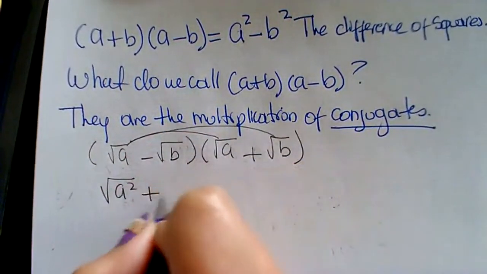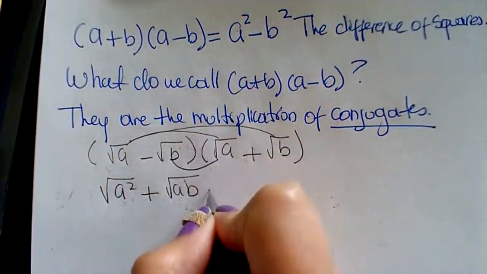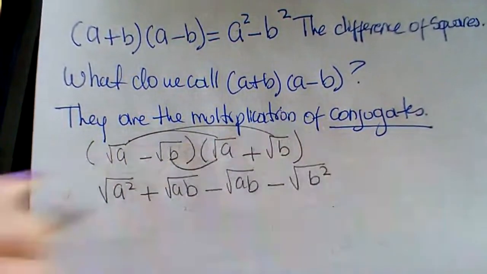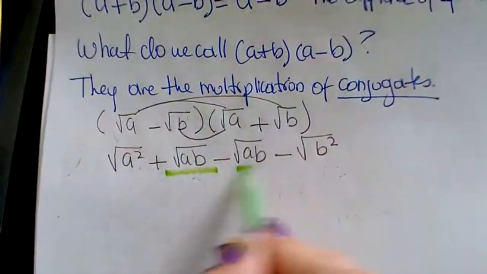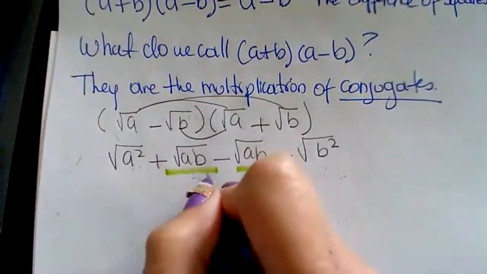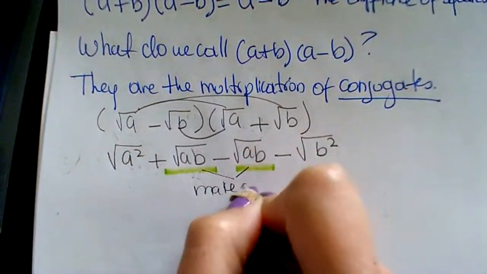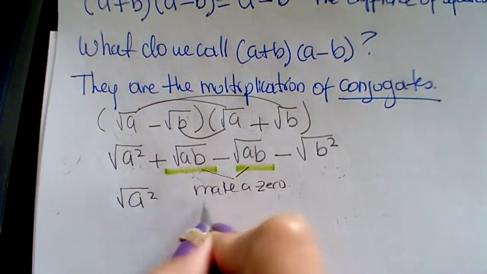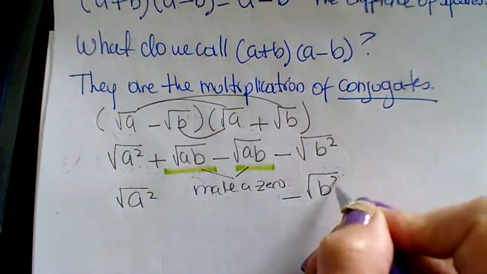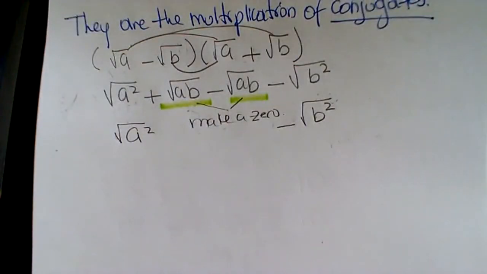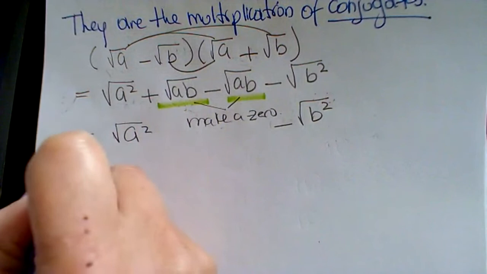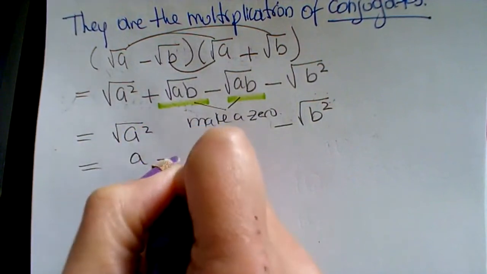Then that will be plus ab, minus, and what happens right in the middle, we make a 0, right? So what do we have left? We have left square root of a squared minus square root of b squared. So this is going to be equal to what? To a minus b.